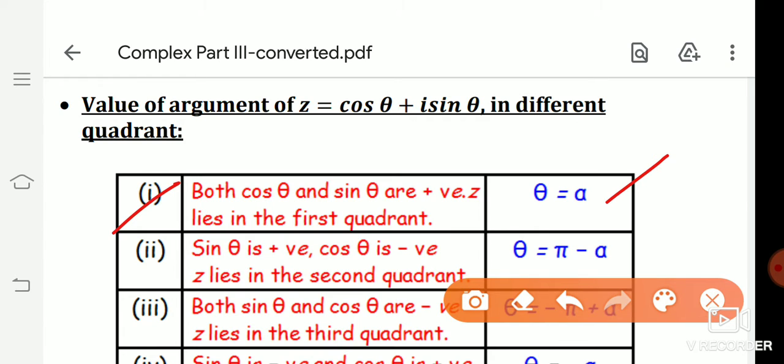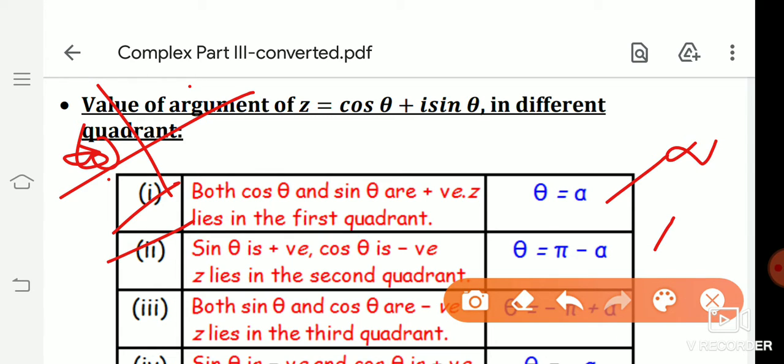Okay, if sin theta is positive, cos theta is negative, that is the real part is negative and the imaginary part is positive, then z lies in the second quadrant. If we draw the quadrants, then it will lie in the second quadrant. Then the value of the argument will be theta equal to pi minus alpha, where alpha is my main argument.